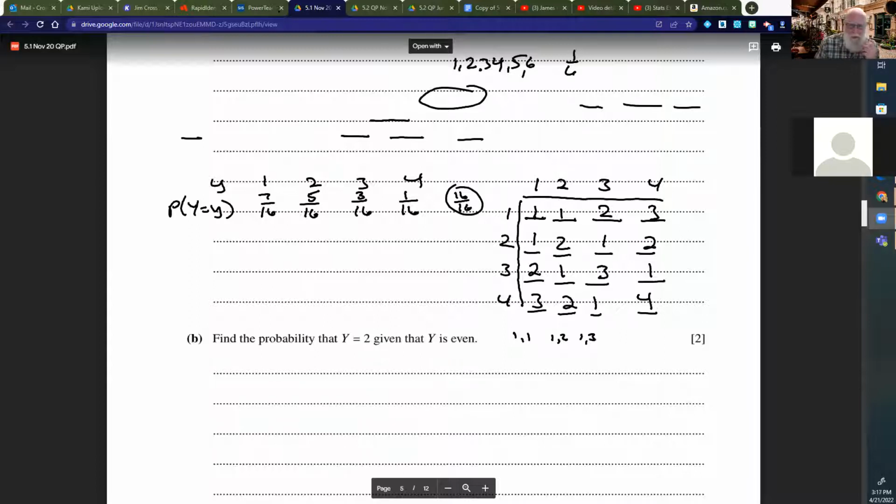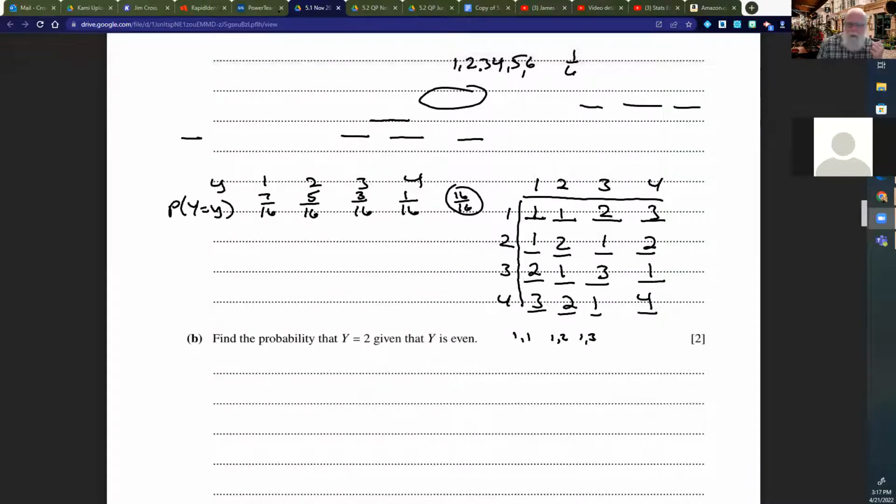Wouldn't we use a table to answer this? You could. So what are we trying to find the probability of? That y equals 2, given that y is even.